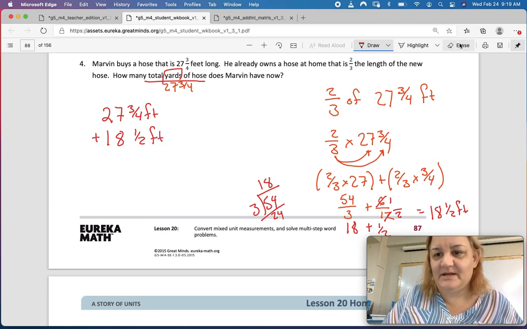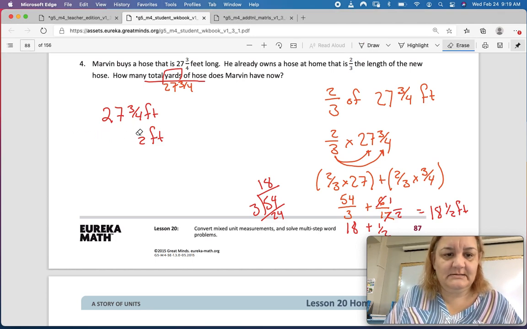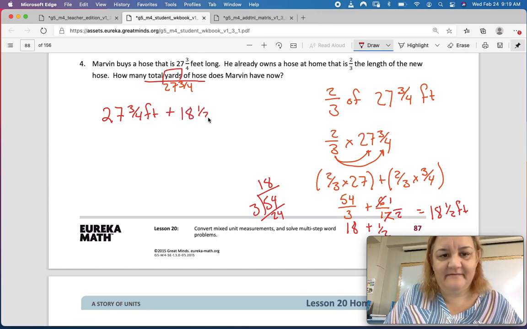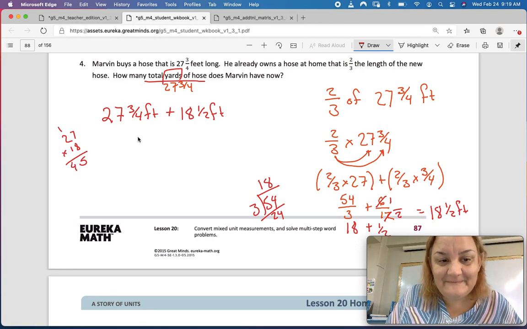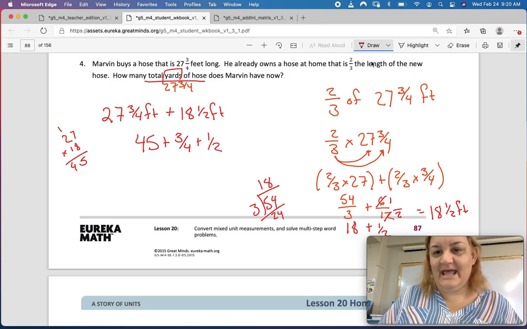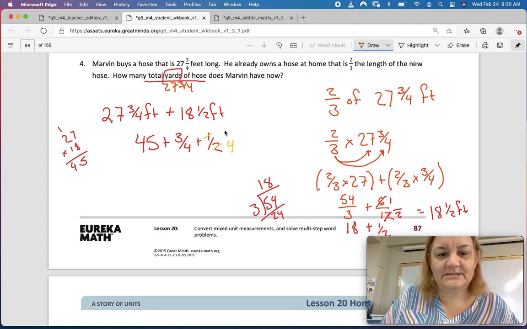Okay, actually I'm going to draw them next to each other. Plus 18.5 feet. Okay, so 27 plus 18 is 45. And then 3/4 plus 1/2, and I need a common denominator there, so I'm going to switch this to 4 and this to 2.